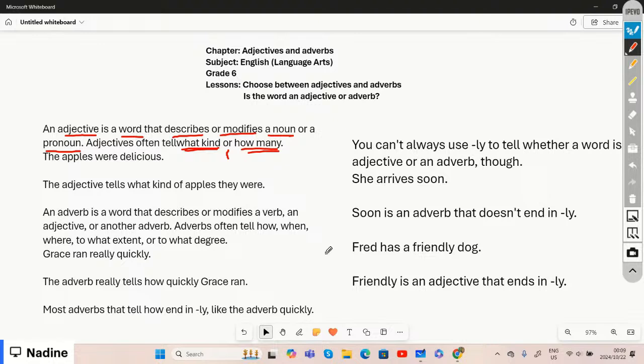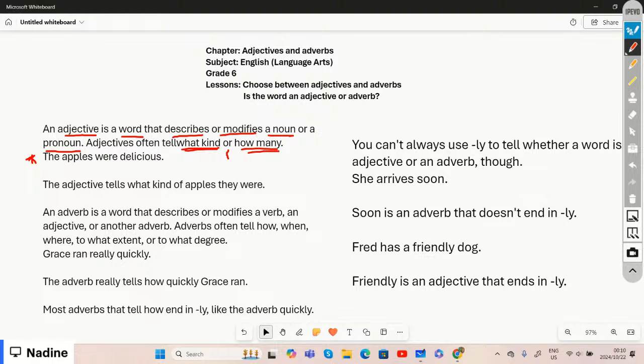And if we look at this example, the apples were delicious. So now apples is our noun, right?